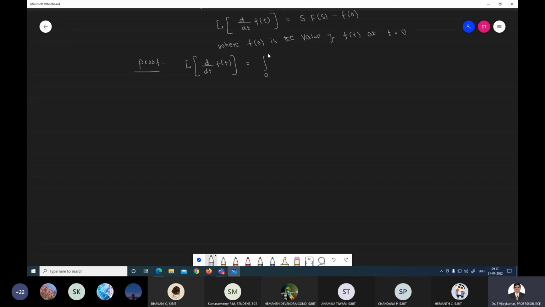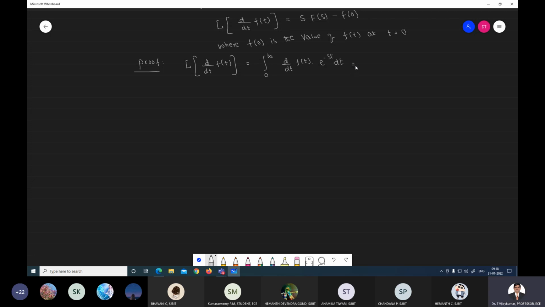The integral from 0 to infinity of e to the power of minus st f(t) dt. What is the f(t) here? Here it is d by dt f(t), into e to the power of minus st into dt.